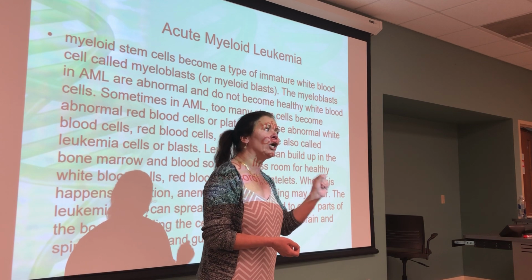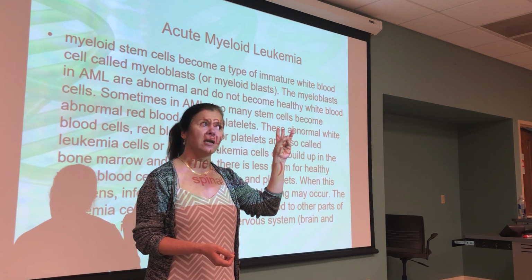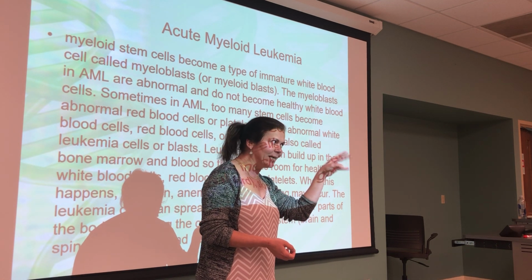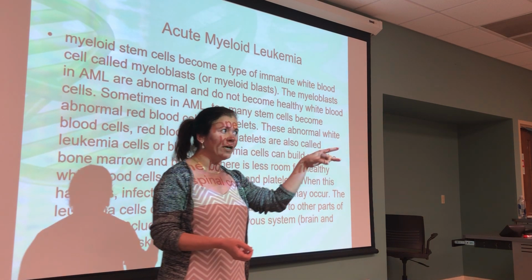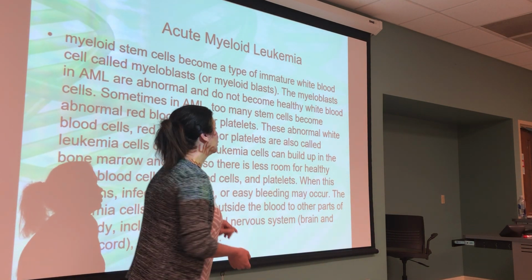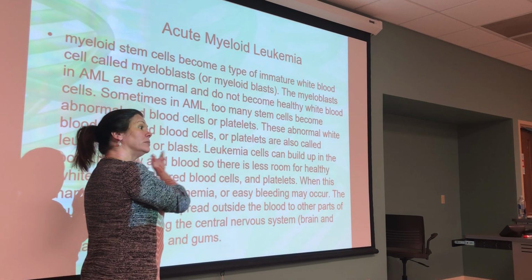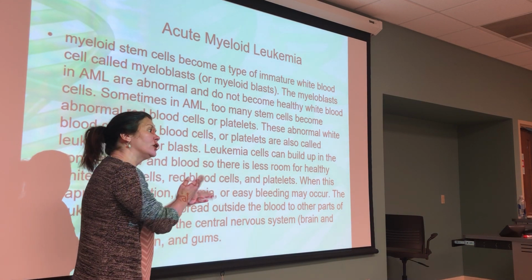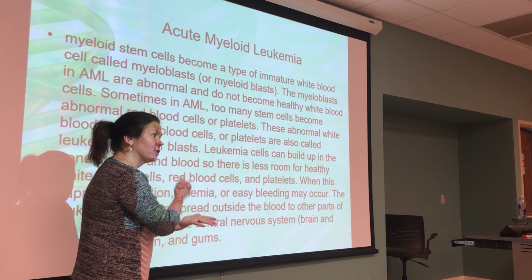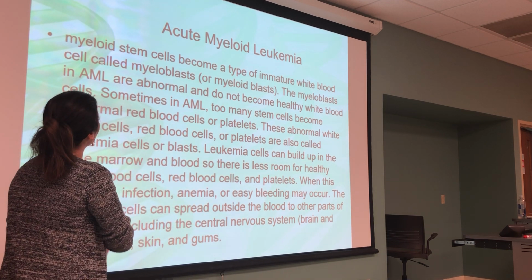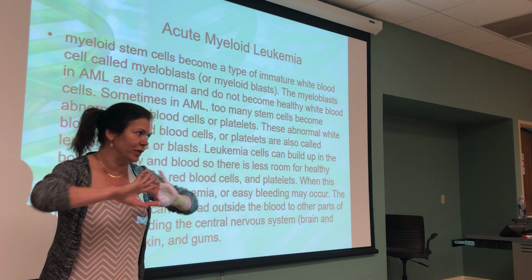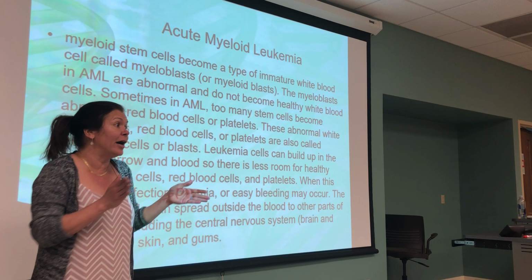Remember that the myeloid lineage are your red blood cells, anemia, thrombocytes, thrombocytopenia, bleeding, right? Neutrophils, neutropenia, and infections, right? So even though the other lineage could be affected, the most common lineage affected is RBCs, platelets, neutrophils, eosinophils. Okay? So all leukemias would have an oncogene.